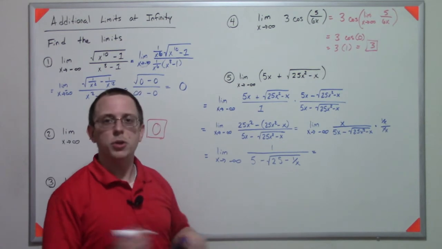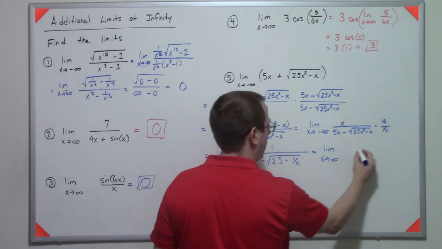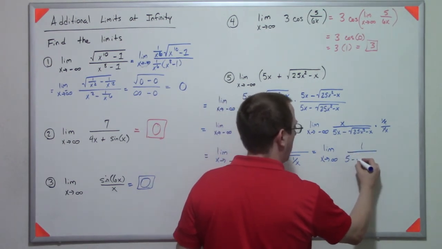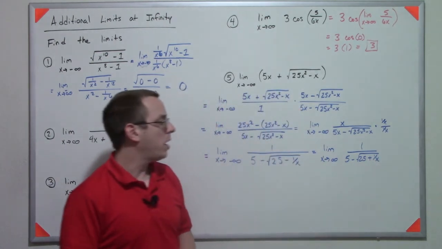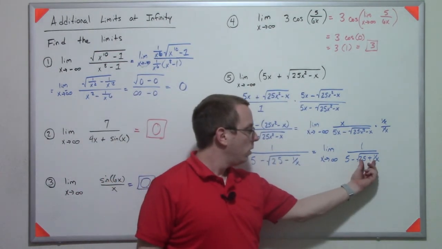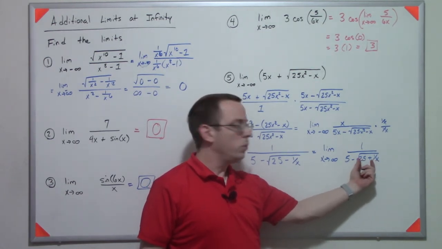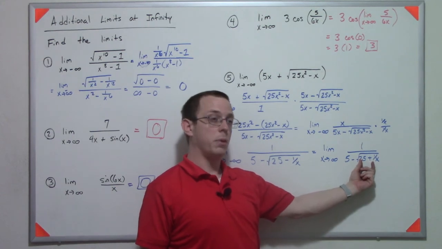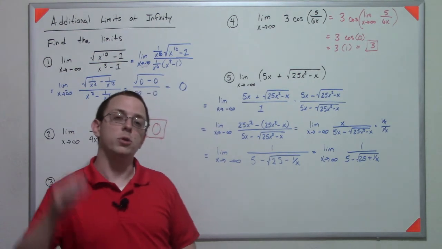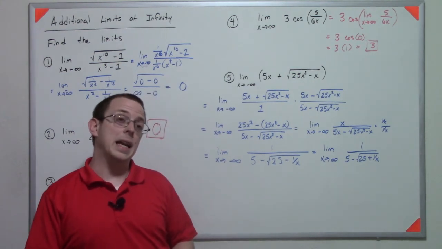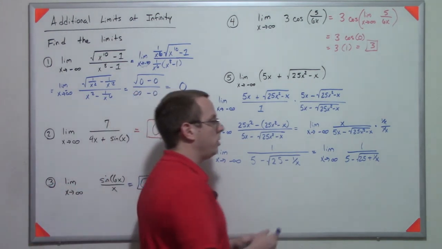This is going to be equivalent to x going to positive infinity of 1 over 5 minus the square root of 25 plus 1 over x. And what you're going to find is this is a little bit larger than 25. So the square root's a little bit larger than 5, but not by much. And it's 5 minus something a little bit larger than 5. So it's 1 over a really small but negative number. So you're going to get negative infinity.